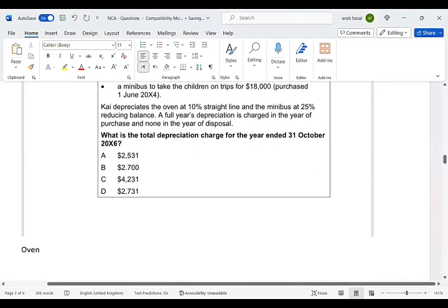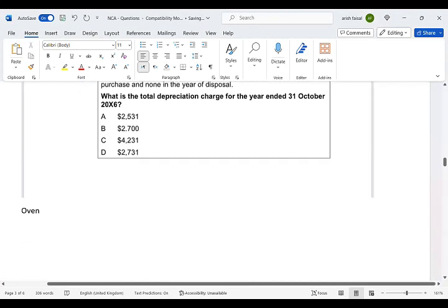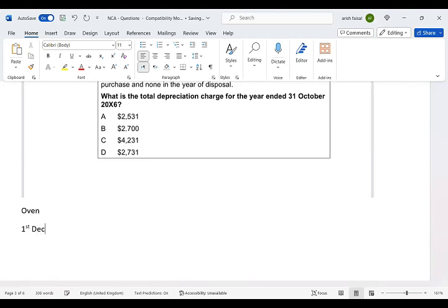Now, you see that this was bought on 1st December 2014, correct? So this company's year is ending on 31st October 2015, right? So this is the first year, but the question is actually asking about the second year.